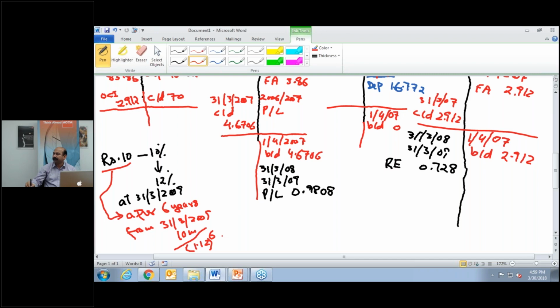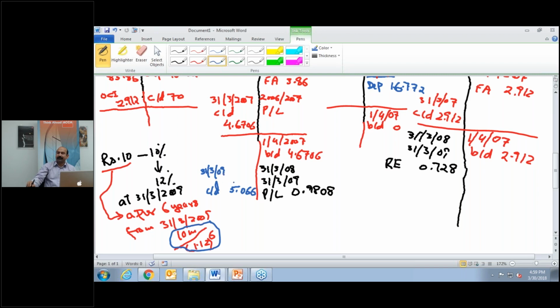This will give us 5.066. It should be the closing balance on 31st March 09.